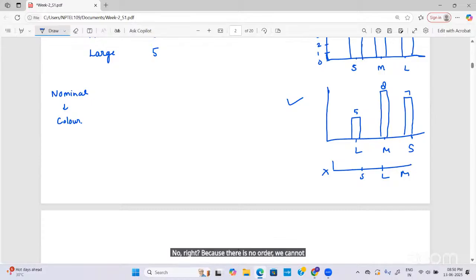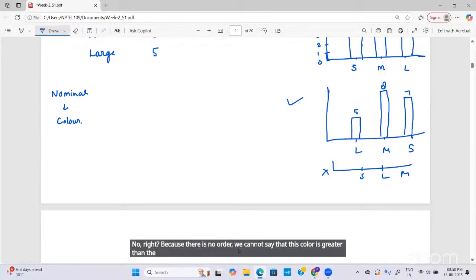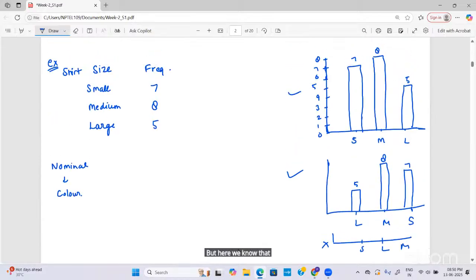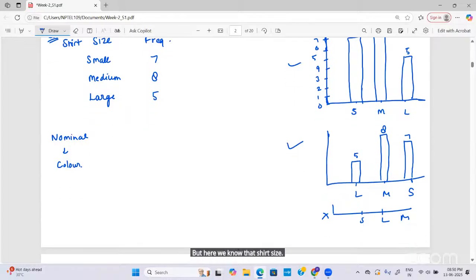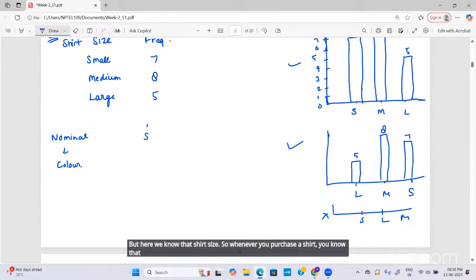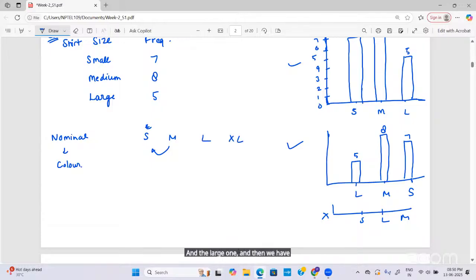We cannot say that this color is greater than the other color. But here we know the shirt size. Whenever you purchase a shirt, you know that small size is smaller and medium will be bigger than this small size shirt, and the large one. And then we have XL, then we have double XL. So there is an order between these shirt sizes. We can arrange them.